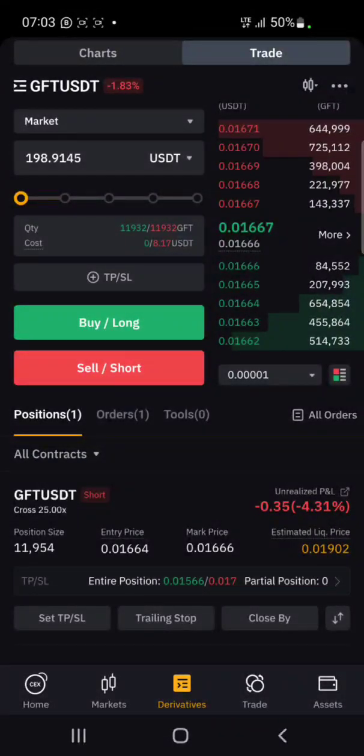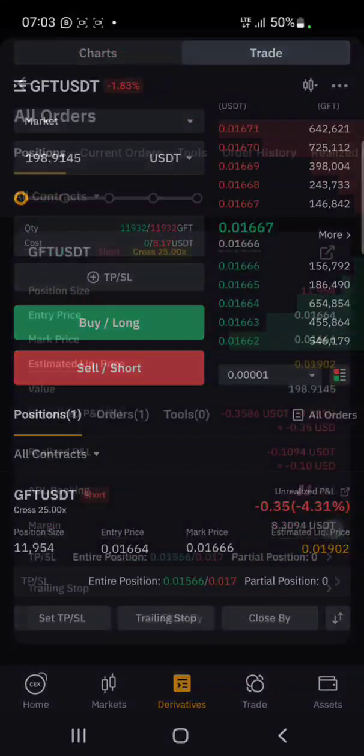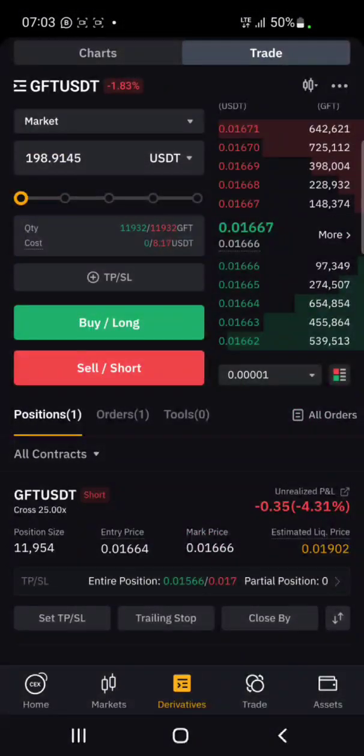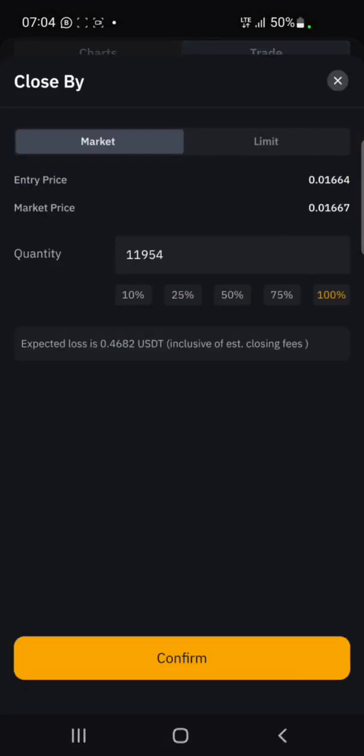So if you don't want to lose any money, we will tell you, maybe probably you're earning 20% or 30% or 50% of the realized PNL, I can tell you, move your stop loss to break even. If I tell you take partials, you go to close buy. I can tell you take partials 50% of your capital, so you can just click on 50% here.